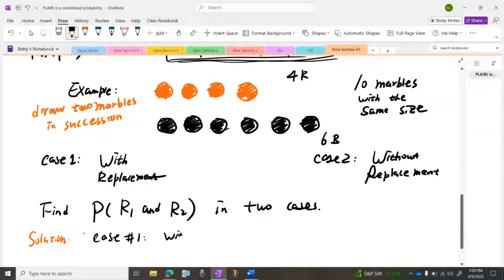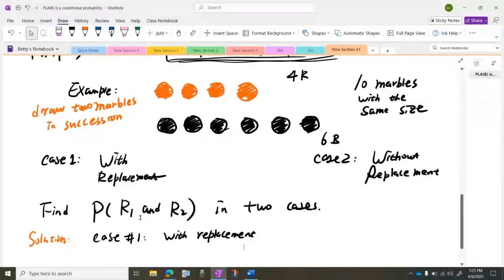Case 1, with replacement. Please consider, in the first case, when we draw the 2 marbles with replacement, are R1 and R2 dependent or independent? That would always be the first thing to determine when we need to find the probability of an event involving R1 and R2.